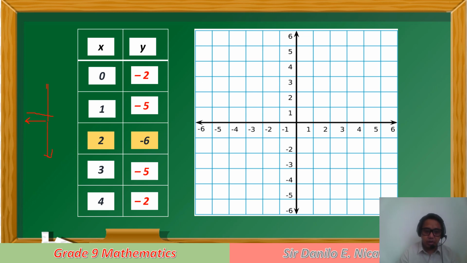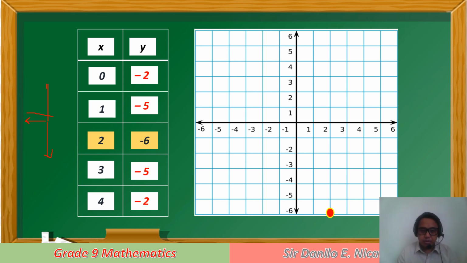So, since we have here, from the origin, 2 and negative 6, move ka ng 2 to the right. And then, downward, 6 units kasi negative 6. 1, 2, 3, 4, 5, 6. So, ang ating ordered pair, ang ating point will be here.